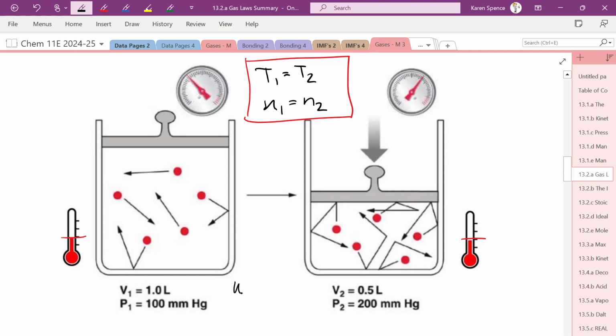And what do we do? We change the volume. We decrease the volume, which causes what? Pressure to increase.